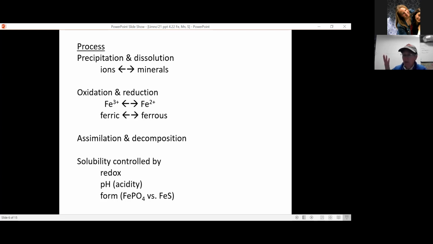The pH affects the solubility of metals. Acid dissolves metals. So if you've got acidic rainwater, acidic soil, then iron and other metals will dissolve. And then, of course, the form. Some minerals dissolve easily, and some minerals do not dissolve easily. Once formed, they don't break up again. So that affects the iron cycle in lakes.